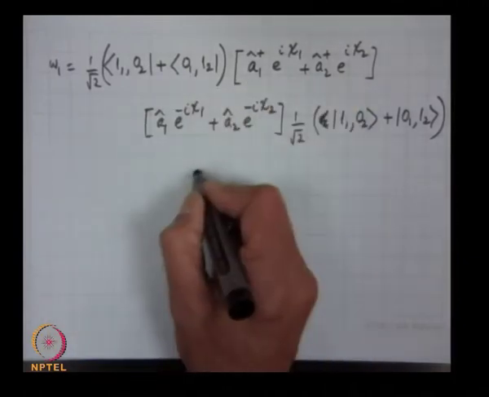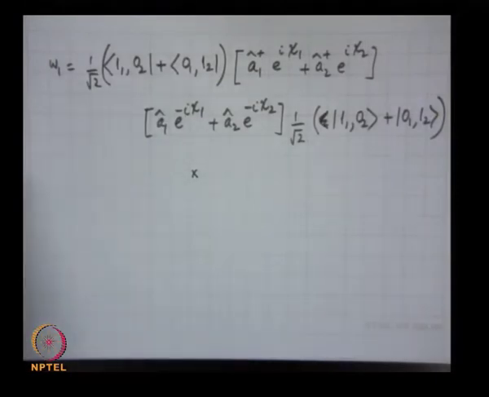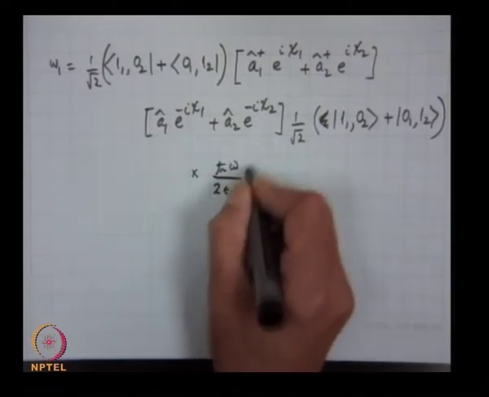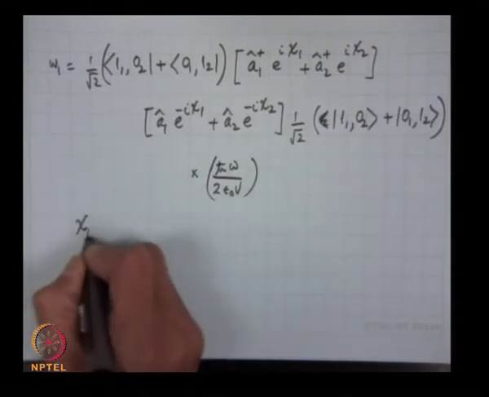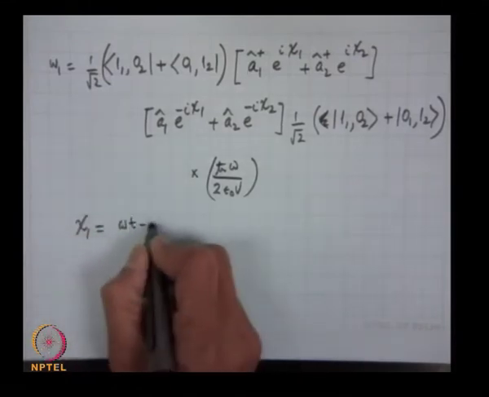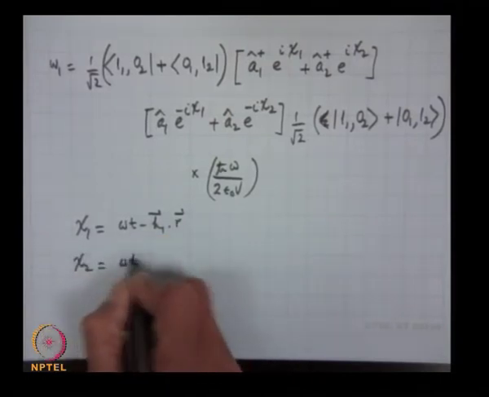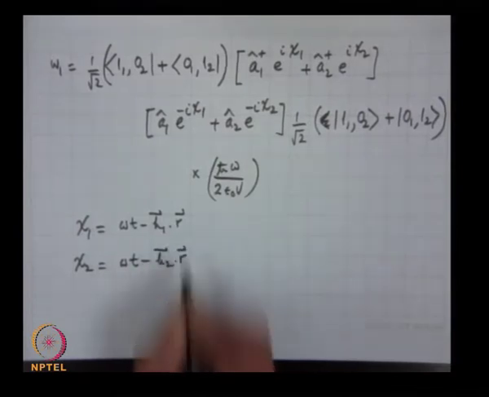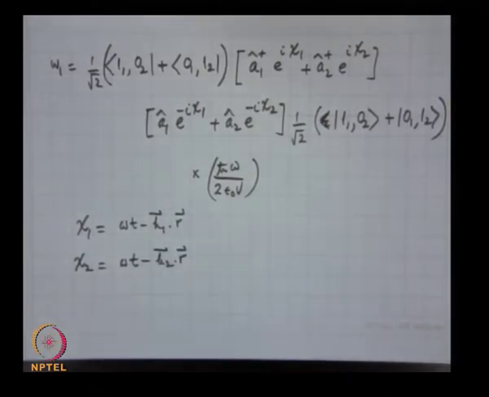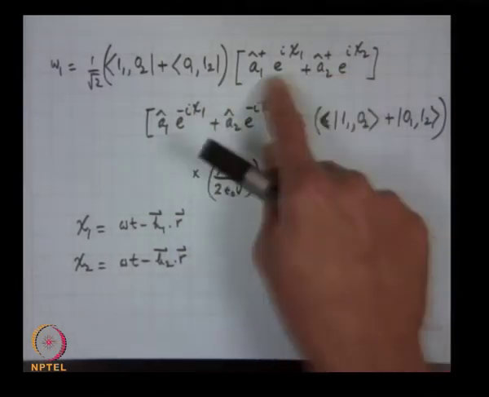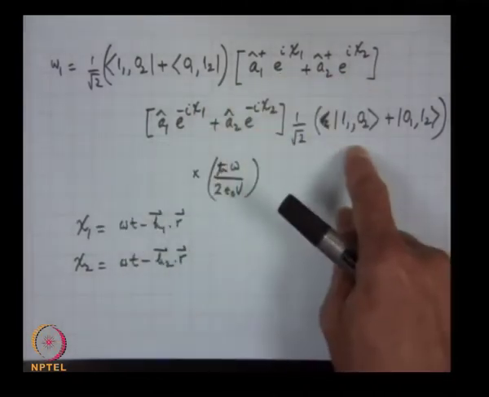This is to be multiplied by I times h cross omega, and with the minus I coming here, I'll get h cross omega by 2 epsilon 0 V. And chi1 is omega t minus K1 dot R, and chi2 is omega t minus K2 dot R. Bra psi, E plus, E minus, E plus into ket psi.